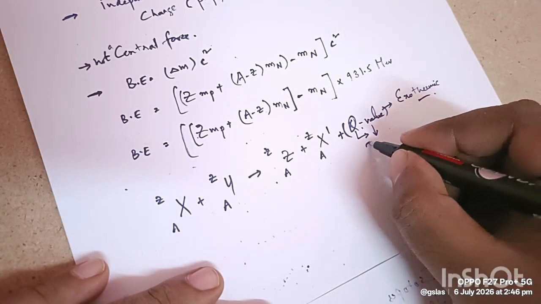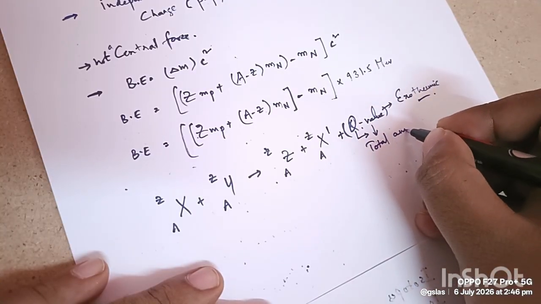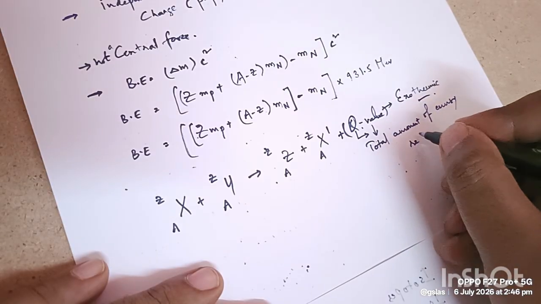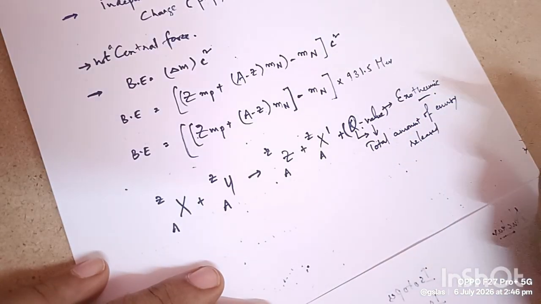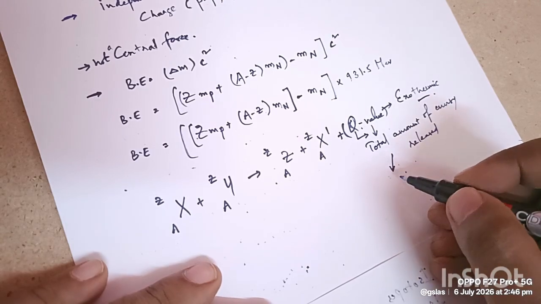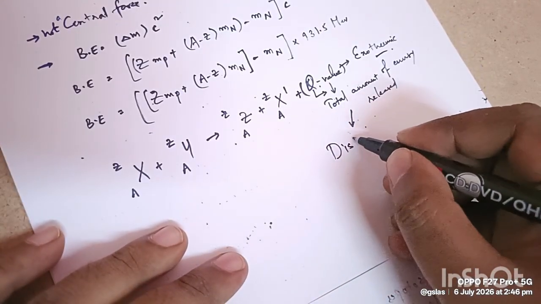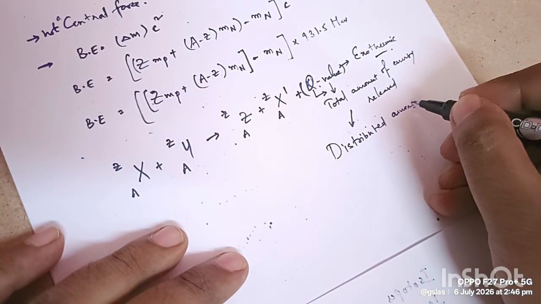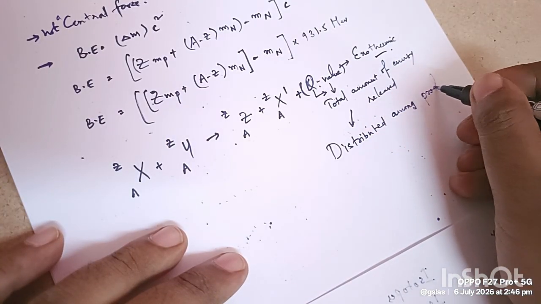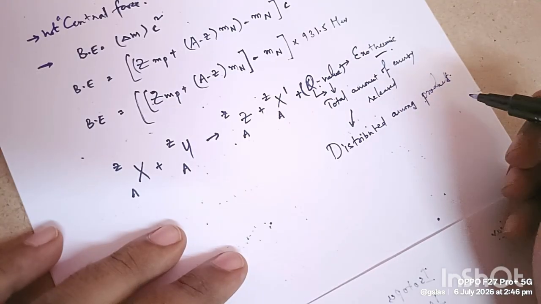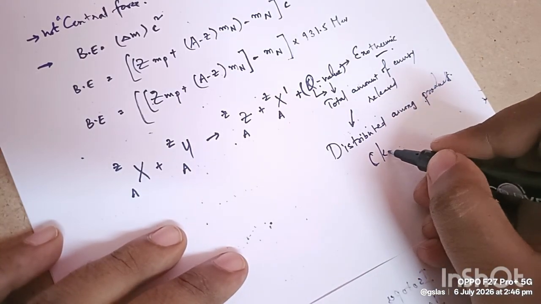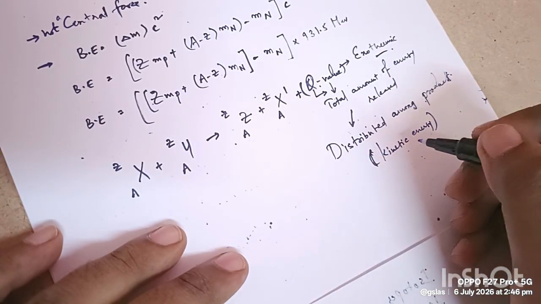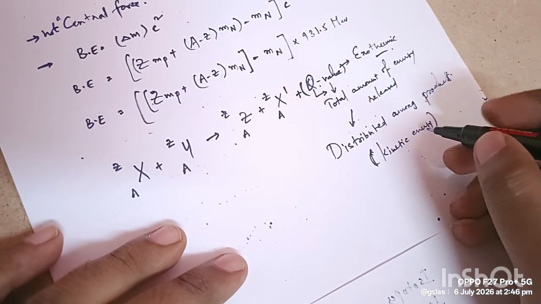So this is an exothermic reaction, and this is the Q value. Q value is the total amount of energy released, and this energy is usually distributed among products, usually in terms of kinetic energy, meaning they fly off in different directions.